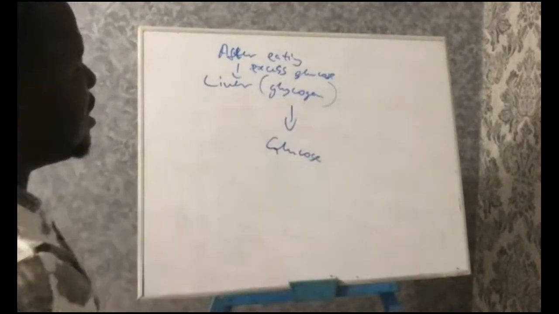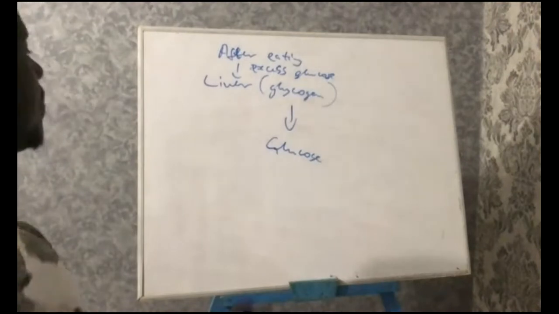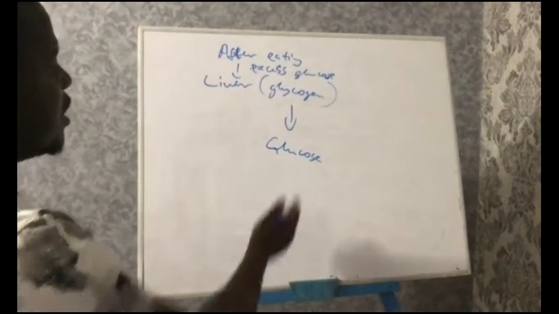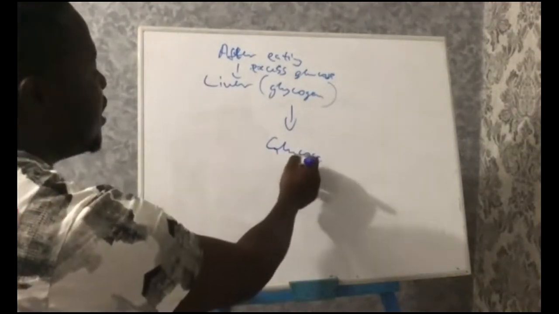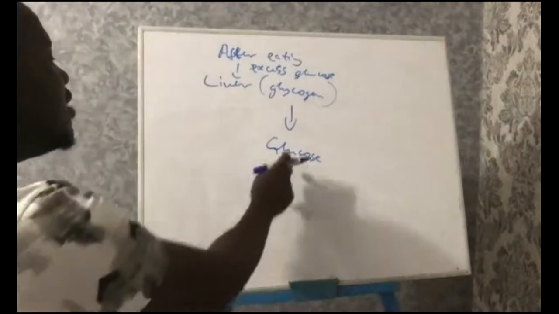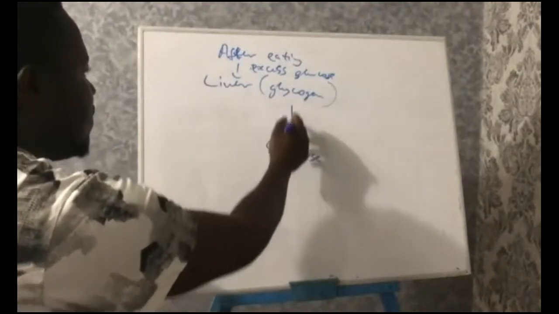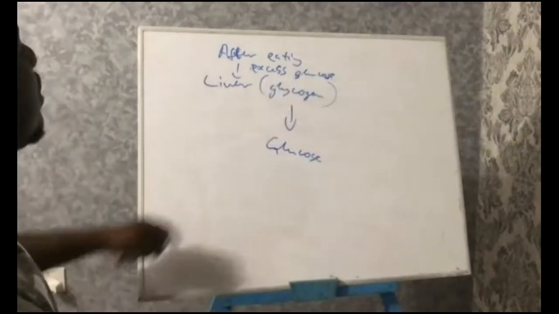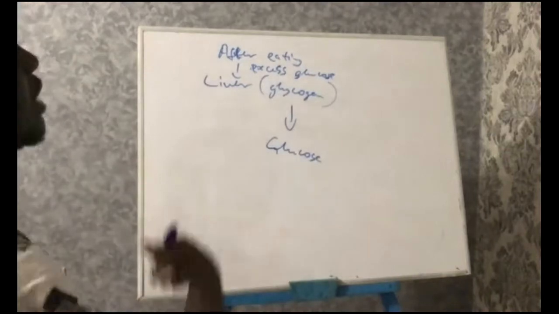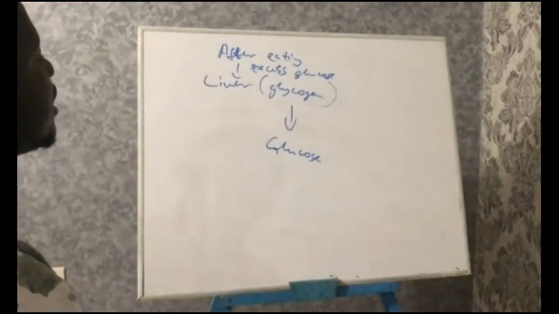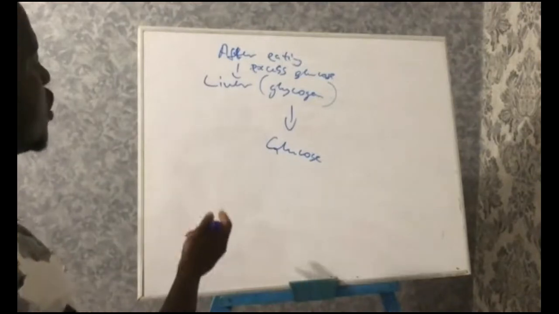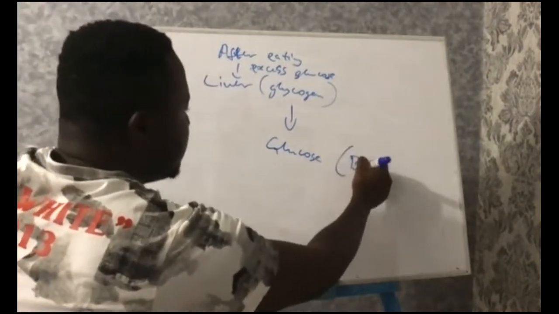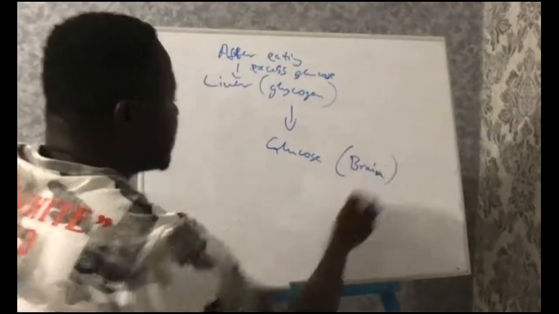So that the brain, which is the most important part, keeps getting a constant supply of glucose, because the main source of energy for the brain is glucose. But when there is no glycogen there again, it means the glucose cannot be gotten from the liver again. So there has to be a way that the body can still produce glucose so that the brain can still get glucose. The brain is the main reason why all these things are happening.